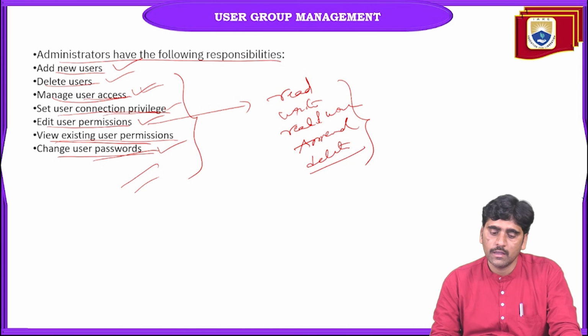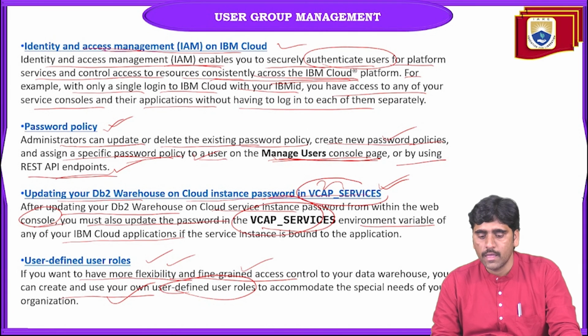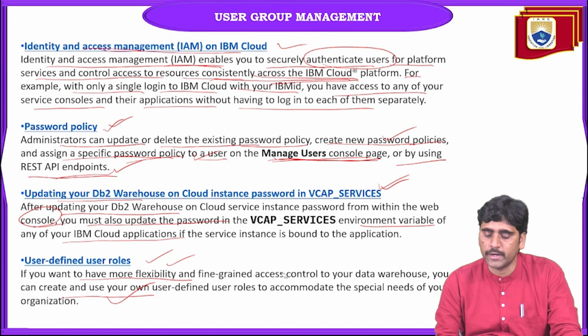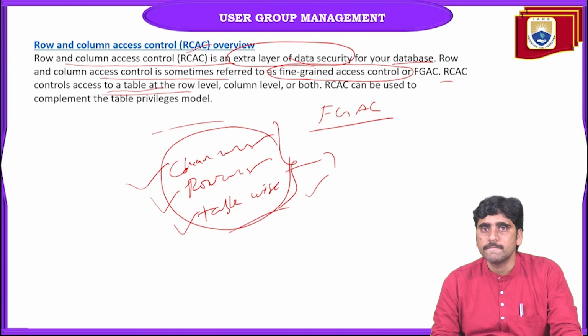of the administrator. You can create users, delete users, manage user access, user privileges, edit user permissions, view existing permissions, change passwords and everything. And password policies: what password policies you have to apply for user group management. Next, table column access or row column access controls.